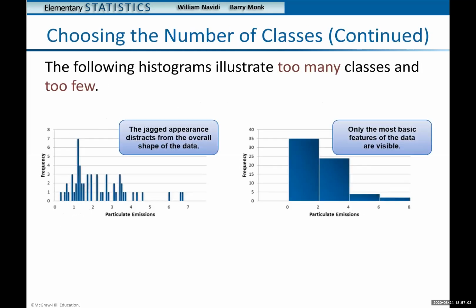And these are those examples: too many and too few. So look at this. Too many, the jaggedness distracts from the overall shape of the data. And this one is an example of too few. Only the most basic features of the data are visible.